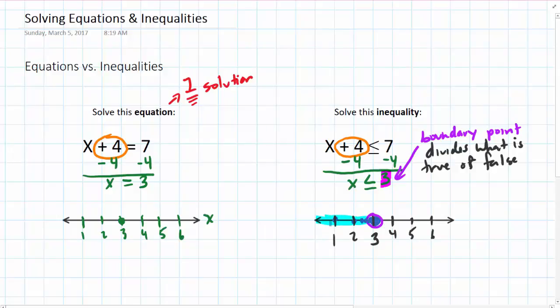That's saying that anything 3 or less is true. And so the main difference between an equation, which has one solution, and an inequality is that an inequality has multiple or infinite solutions.